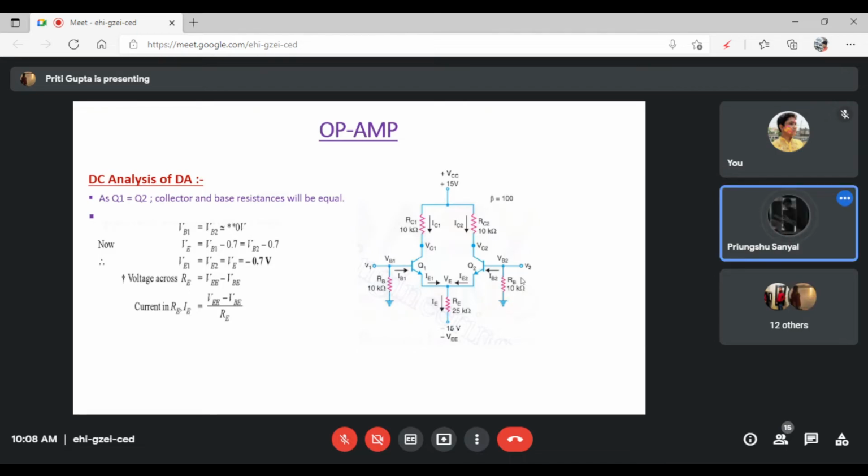What to find? Write down, find out IE1, IE2, IC1, IC2, IB1, IB2, VC1 and VC2. You have to find all of these things.